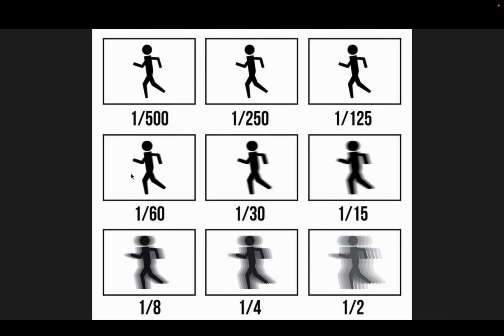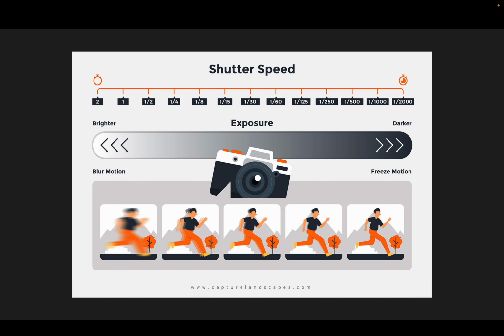So I usually set it at a 100th of a second if I can. But you can see at a 125th of a second, a 250th of a second, a 500th of a second, the motion is even more frozen. So from freezing the person running versus blurring the person running here.